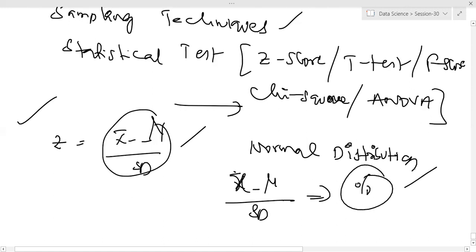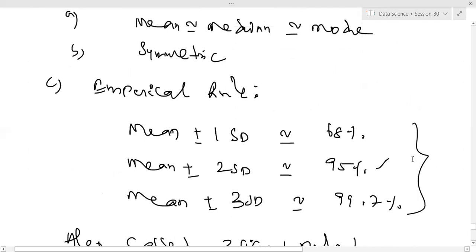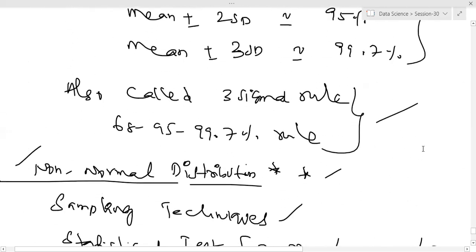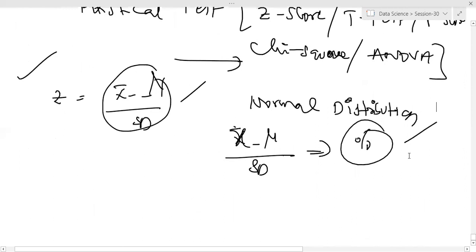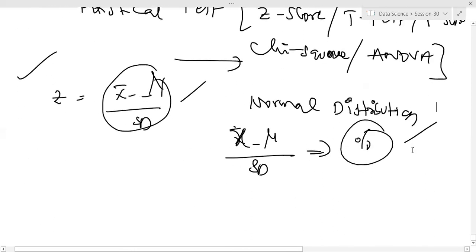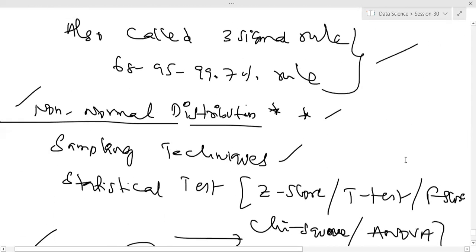Rather, you need not go into the 3 sigma or empirical rule with Z-score. 3 sigma is very fundamental; 3 sigma, 2 sigma, and 1 sigma the brain understands clearly. The alternative for that is the Z-score.